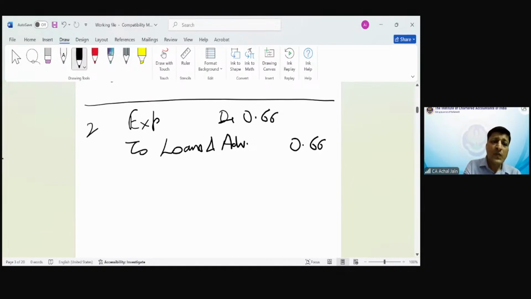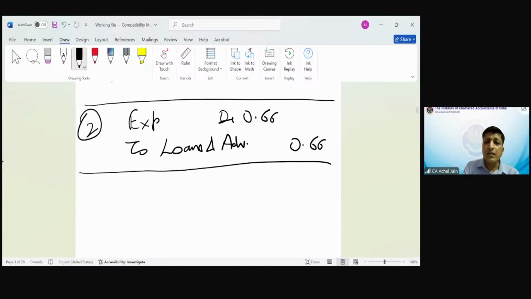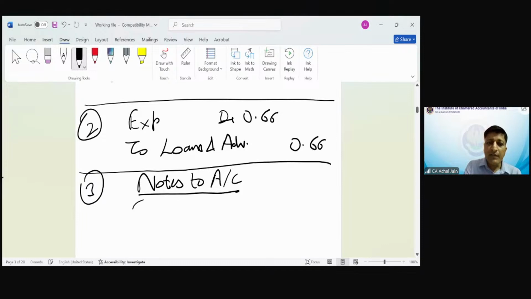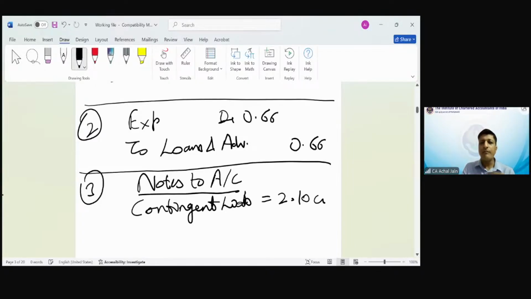This is the second accounting entry. For the third one, meaning 2.10, no accounting entry will be there, because it is not getting recognized. In the notes to accounts, there will be a contingent liability for 2.10 crore.